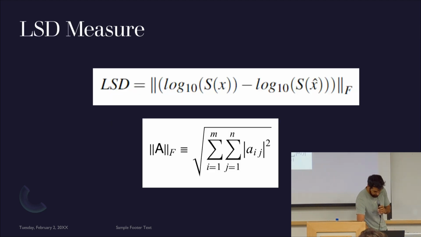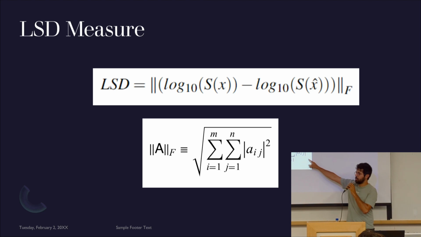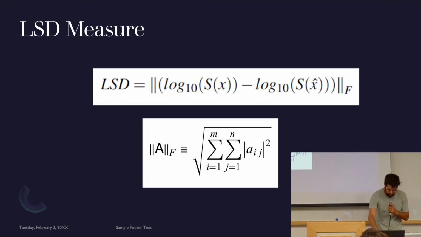And what we get, first of all, let's talk about the measure that we want to compare. LSD is just kind of a similarity method for two images or spectrograms, yeah? We take the difference and then we use the Frobenius norm, which we want to minimize each cell, each value in the matrix, yeah?